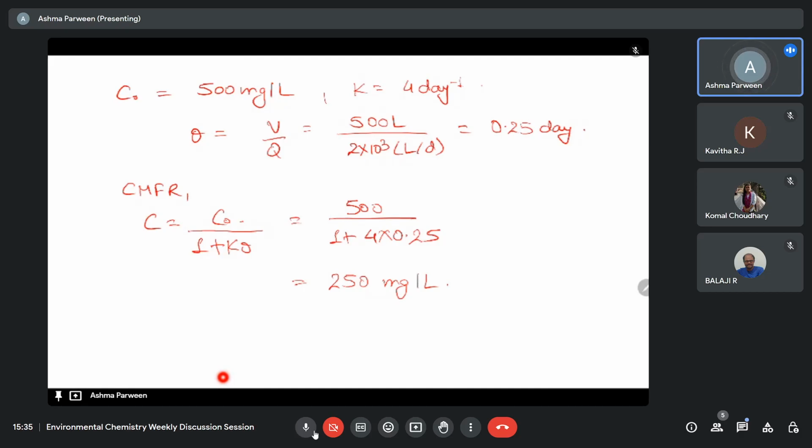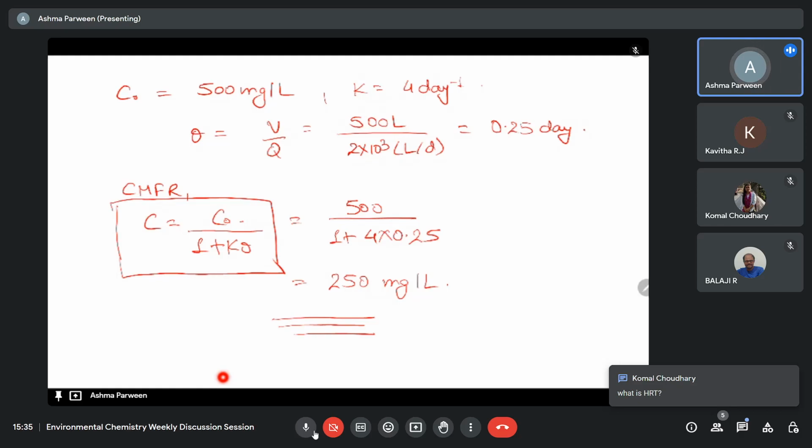So for solving these material balance questions we should know the formulas, like for CMFR this is the equation to find the concentration in the effluent.